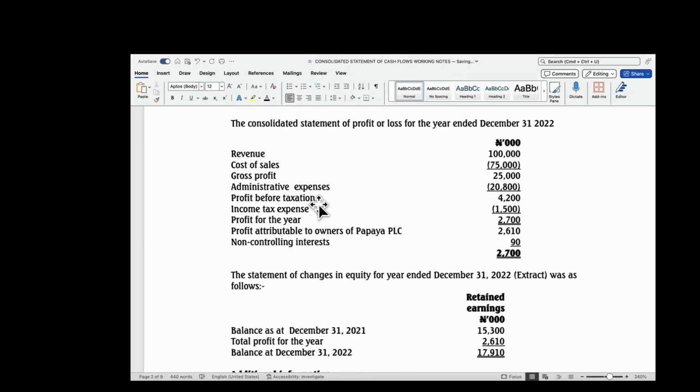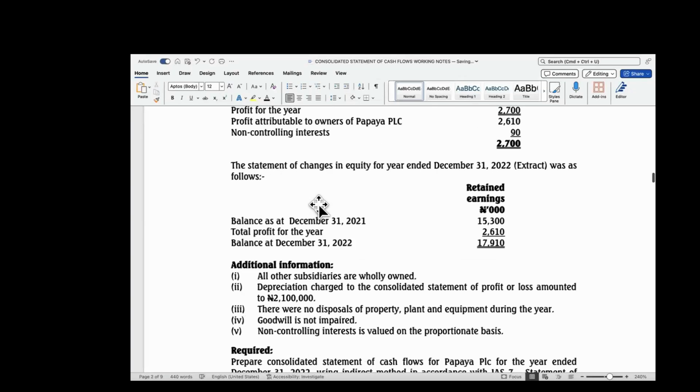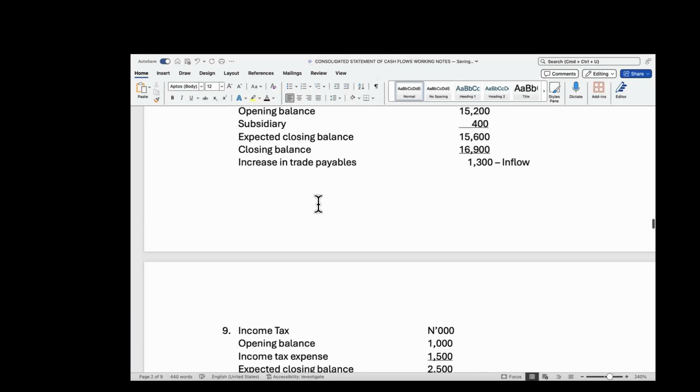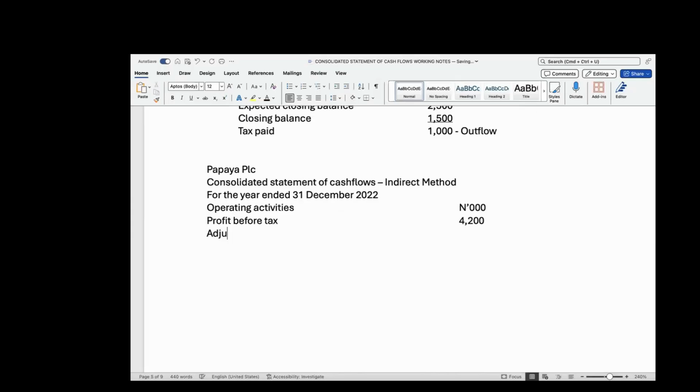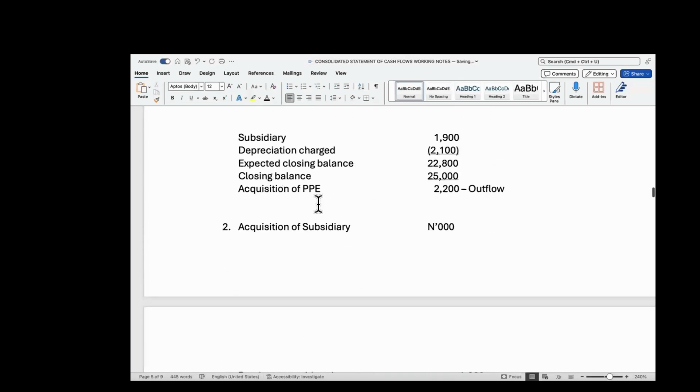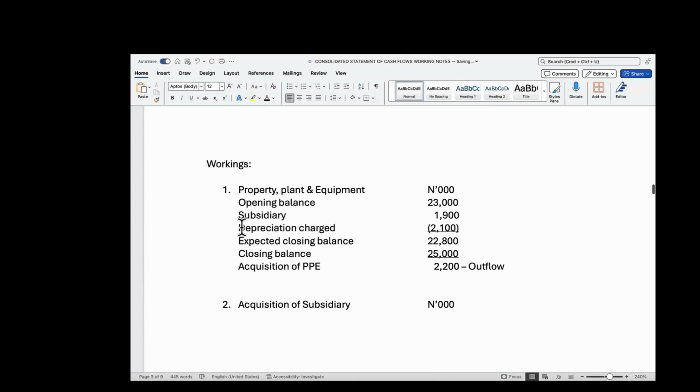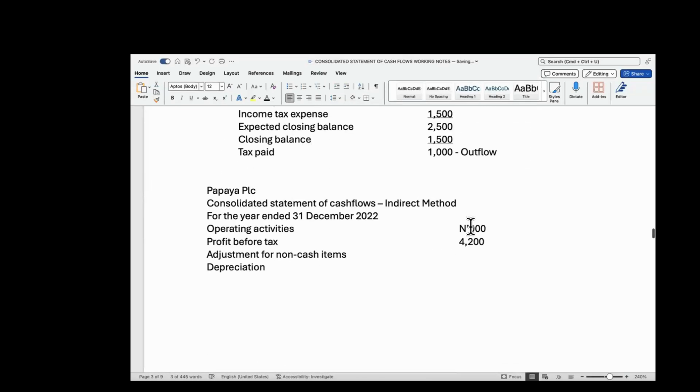So I just move to adjust for non-cash items. What comes to my mind is depreciation, and it was 2,100.